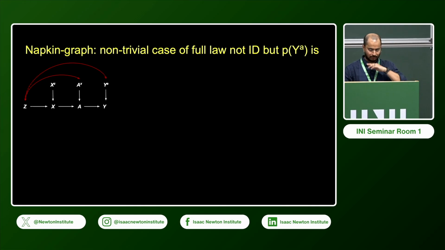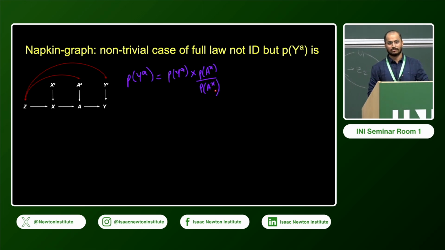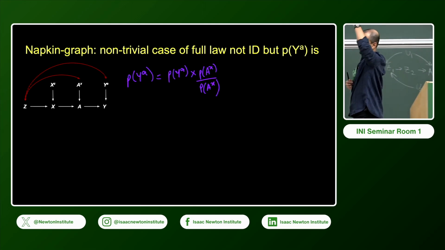Okay, so the way that it will work is that I'm interested in P of Y(a). That's my target. P of Y(a) happens to be equal to P of Y(a), A(x) times P of A(x) divided by P of A(x), trivially so. I'm just multiplying and dividing by the same thing.